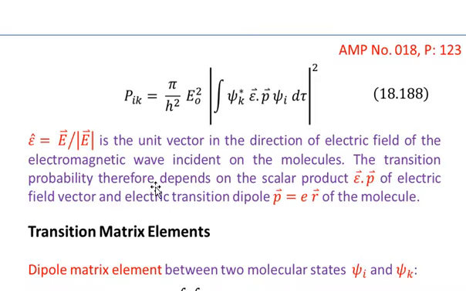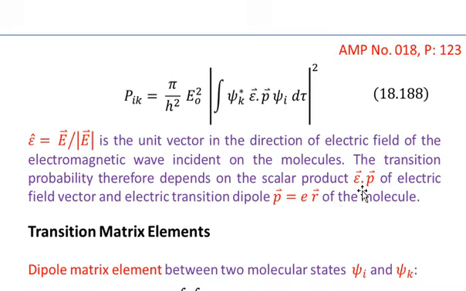The transition probability therefore depends upon the scalar product. You see that the transition probability, which I have written P_ik, will depend upon the product E dot P of the electric field vector and the electric transition dipole.